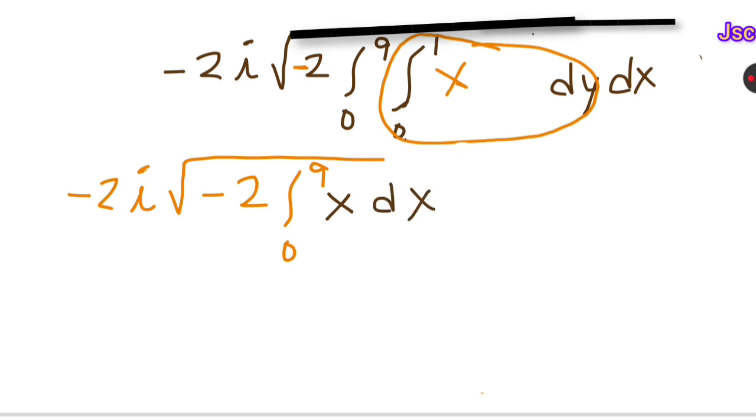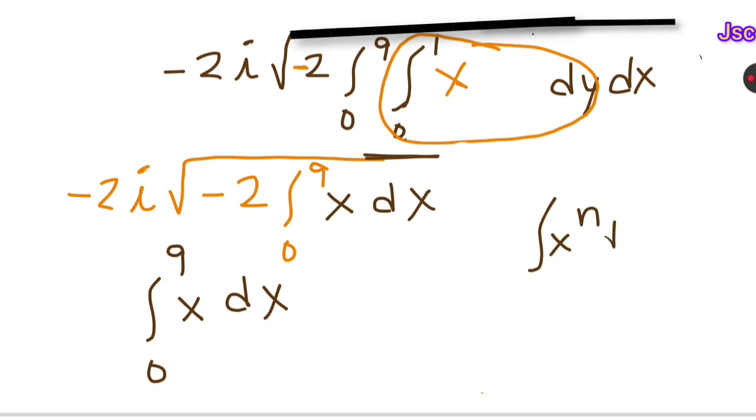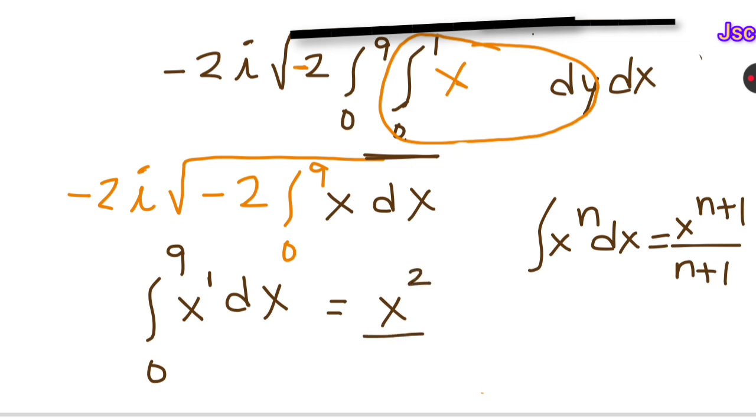Now take this integral from 0 to 9 of x dx. Here we are integrating with respect to x. What is the integral of x raised to the power of n formula? x raised to the power of n plus 1 over n plus 1. So here our n value is 1. So x raised to the power of n plus 1, that is 1 plus 1 which is 2, over n plus 1, which is 1 plus 1, so 2.